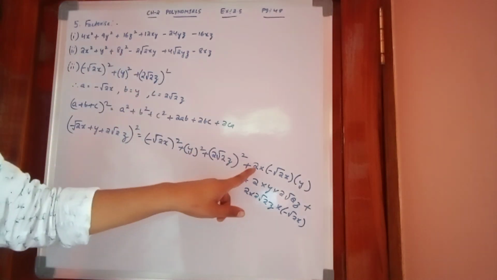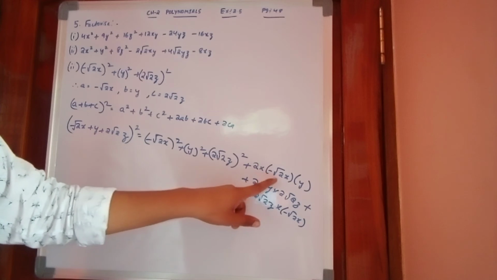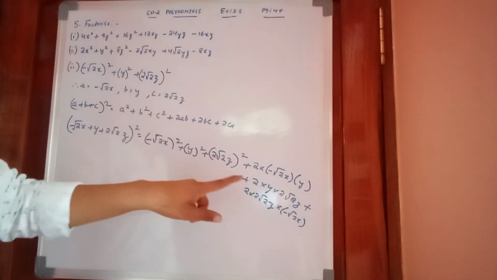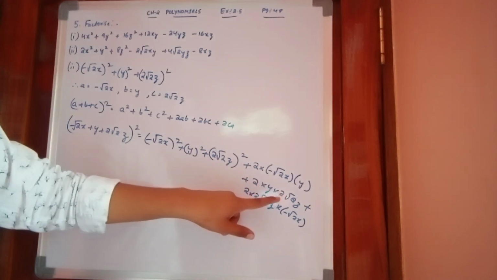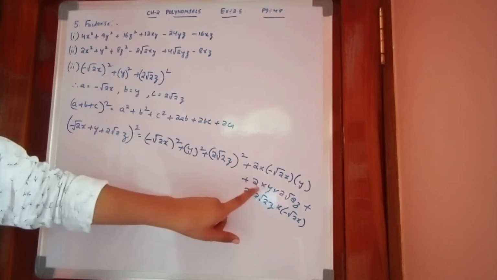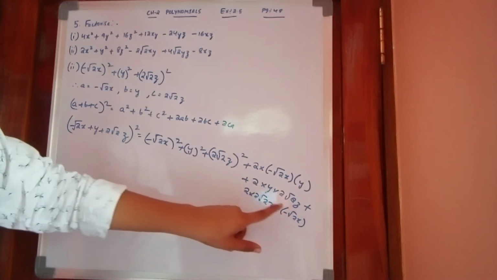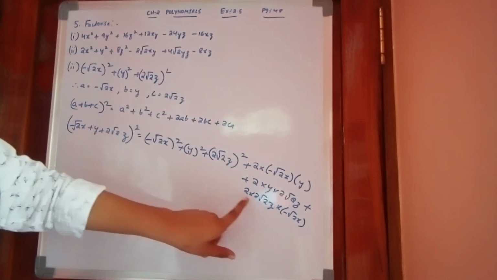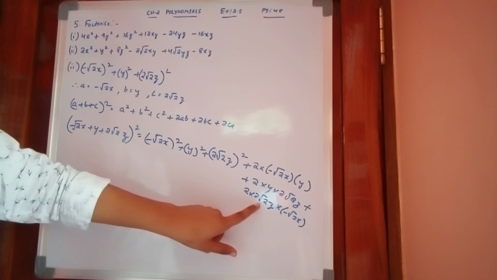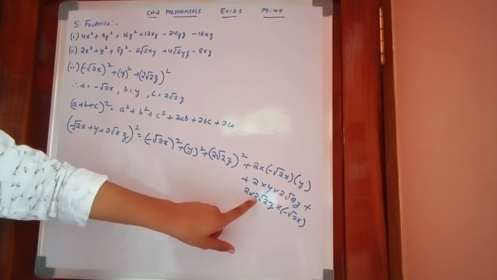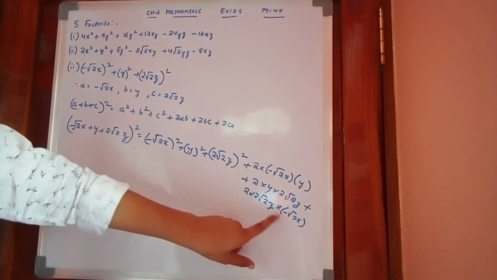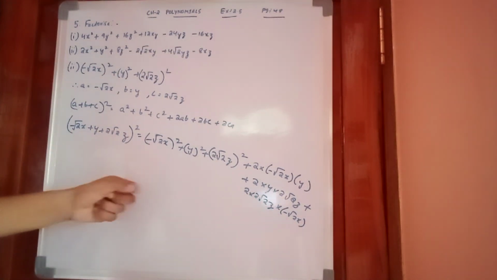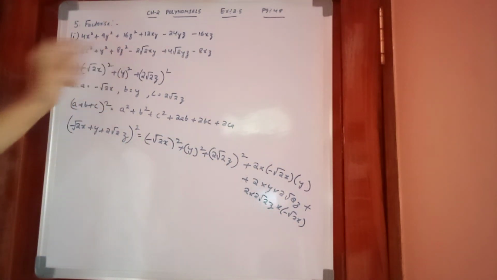Next see here, 2 root 2 x minus 2 root 2 xy, we are getting here minus root 2 xy. 2 2s are 4, 2 2s are 4, we'll get here as 4 root 2 yz, we are getting this 4 root 2 yz. See, plus into minus minus, so we'll get here as 4 root 2, 4 2s are 8, so we'll get here as 8 xz. So we are getting this is the correct form of this second one.